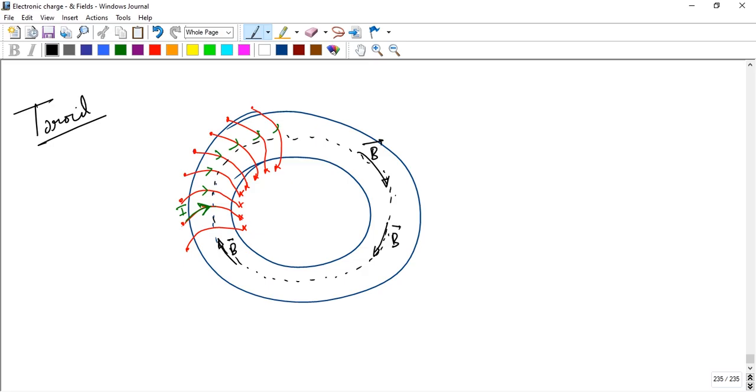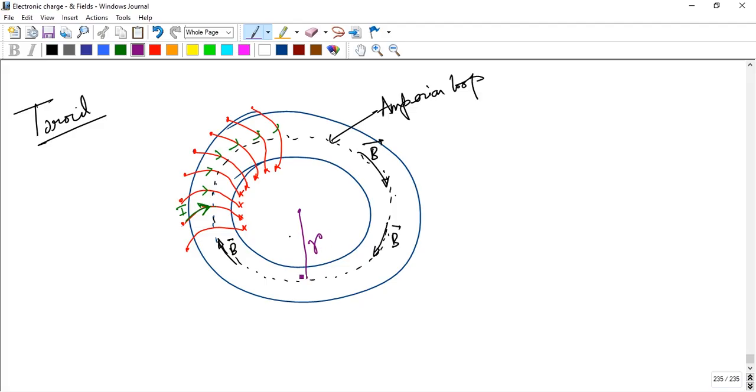Here are the Amperian loops, and there is a hollow, empty gap. Remember that. The radius of the Amperian loop is small r.